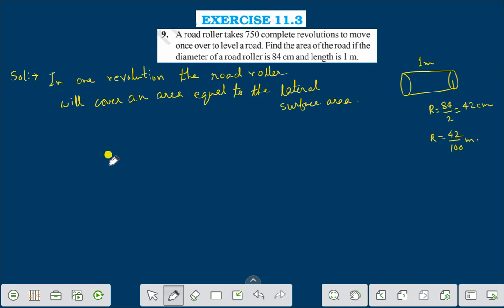We'll find the lateral surface area of the road roller.